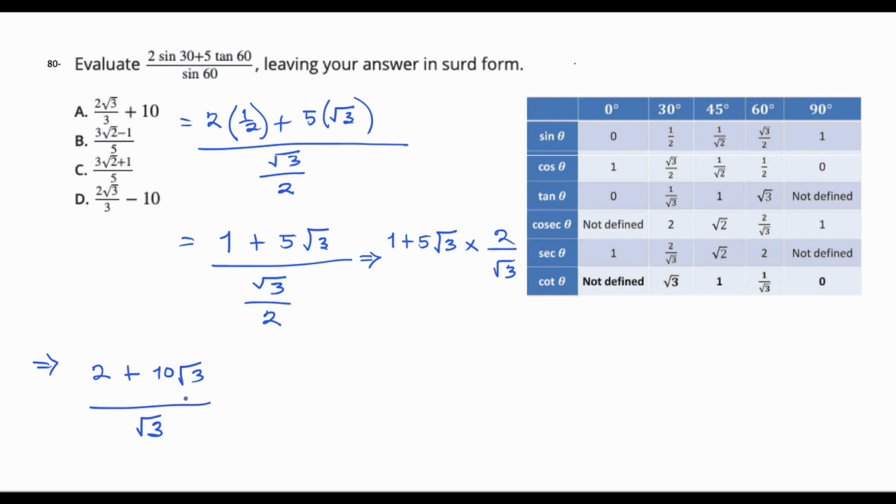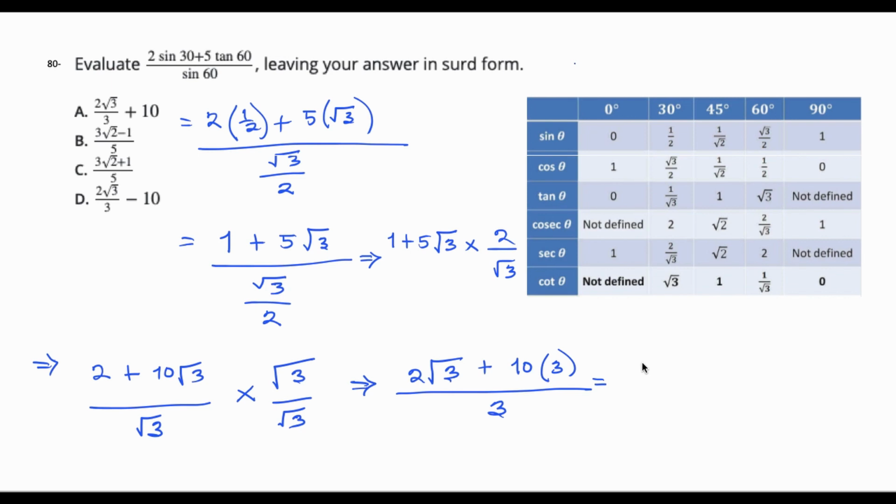Then we can rationalize this expression. If we rationalize this expression, we'll simply multiply the numerator and the denominator by root 3. So if we do that, 2 multiplied by root 3 becomes 2 root 3, plus 10 root 3 multiplied by root 3 becomes 10 multiplied by 3, because root 3 multiplied by root 3 becomes 3.